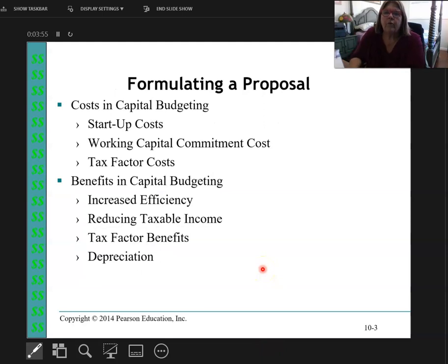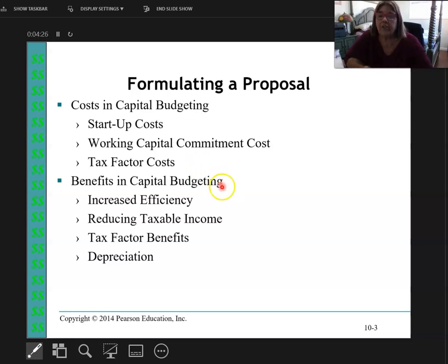First, we're going to talk about formulating a proposal. So I have to understand when I say a proposal, I need to look at all the costs involved. What is my startup cost? How much of my working capital is going to be committed to this proposal or this project? And what tax implications do I need to look at? A lot of people will start projects or take things on and not realize the impact of taxes, how it affects it. So these are benefits to why I budget.